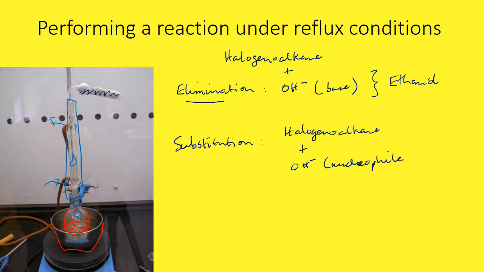But this time it's dissolved in water. Okay, so depending on the solvent, if the solvent's water, you get a substitution reaction. If the solvent's ethanol, you get an elimination reaction. Okay, so that's reflux, and most of these reactions take place under reflux. And what we're going to have a look at now is the elimination reaction mechanism.